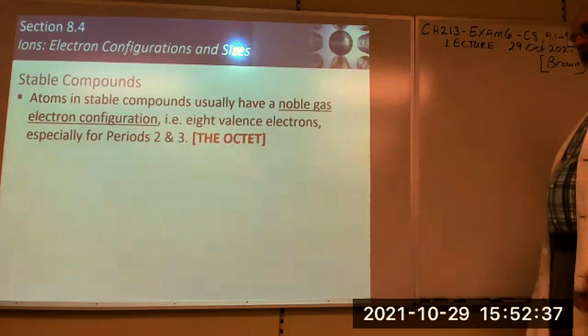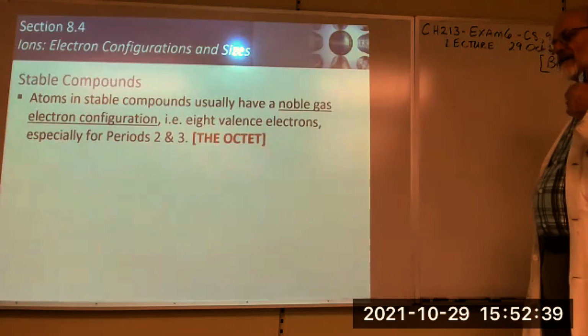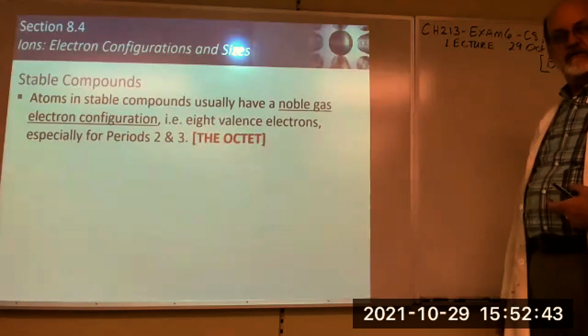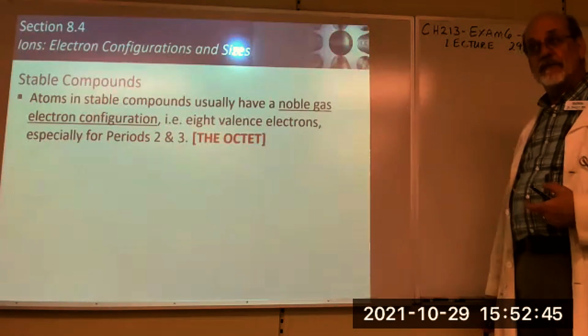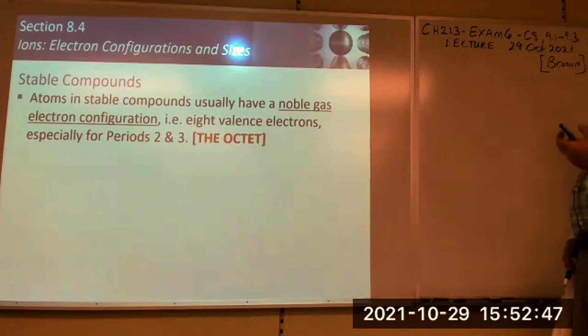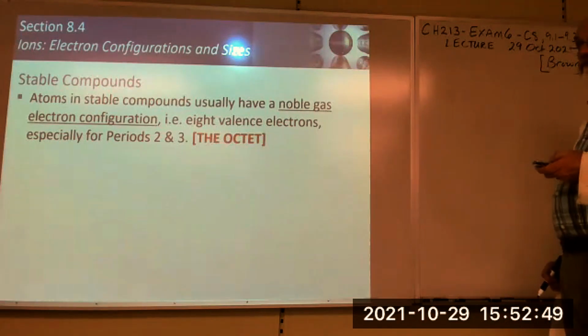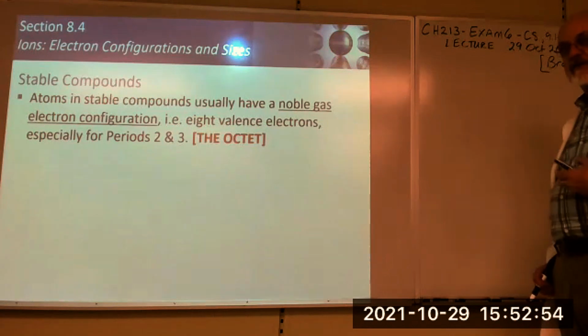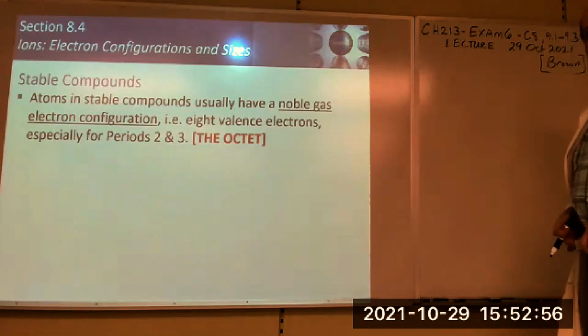So now we're trying to get at why atoms react with one another to form those bonds, why compounds form. As a general rule, an element will tend toward a noble gas electronic configuration. That's where it's headed.